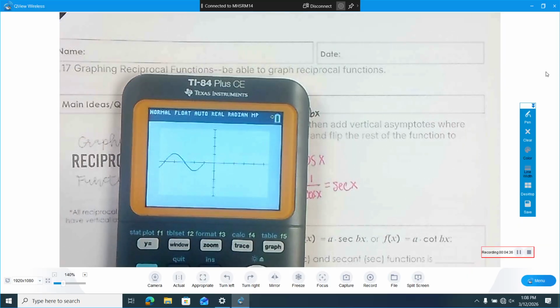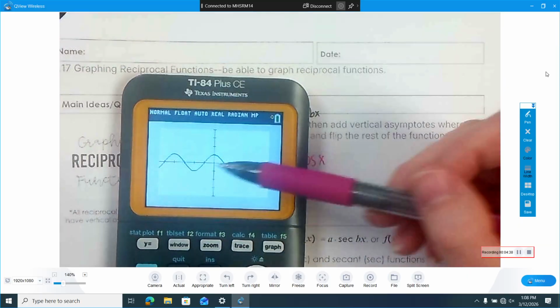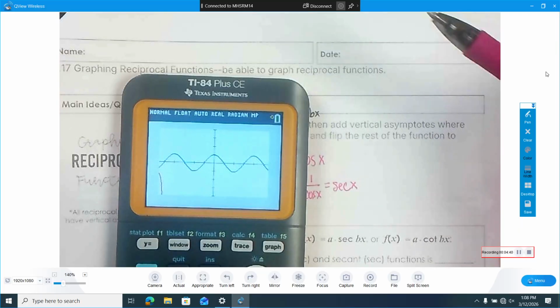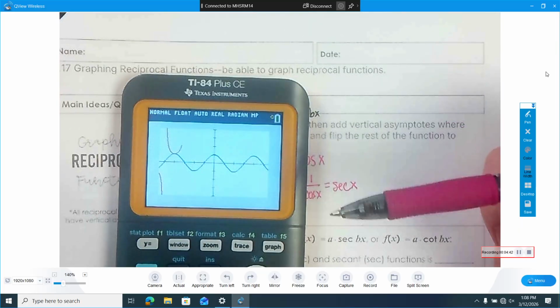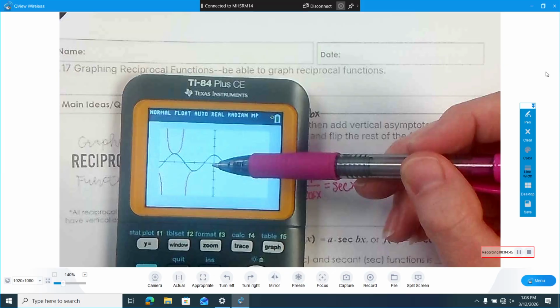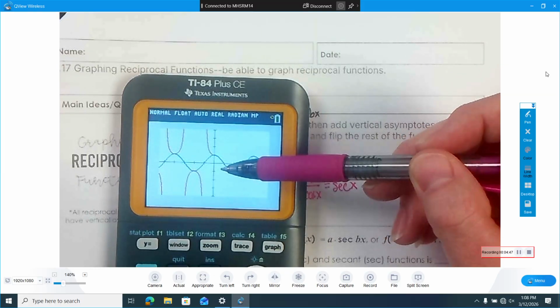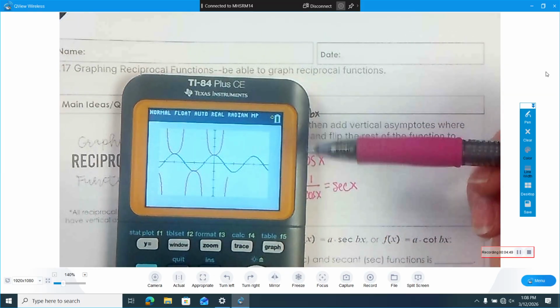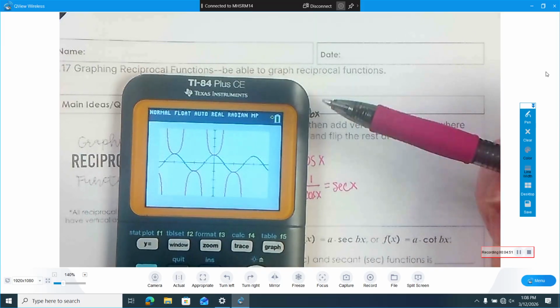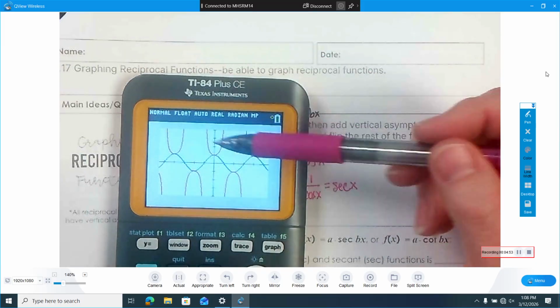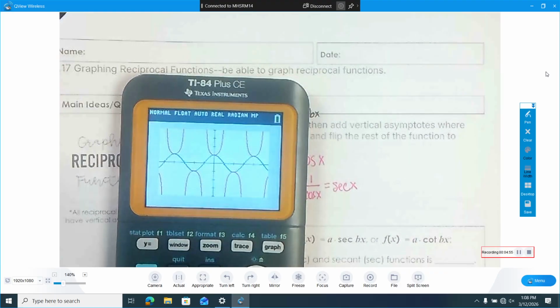And so now, again, we see our blue function here is our cosine curve, which starts here at 0, 1, high, middle, low, middle, high. And again, our secant function, we get these vertical asymptotes again.